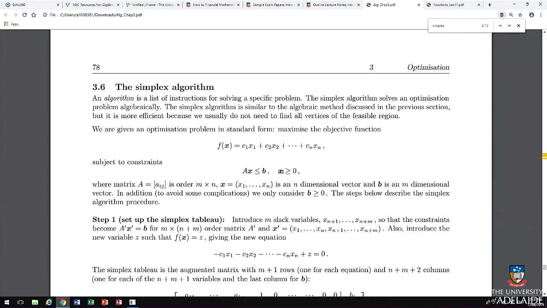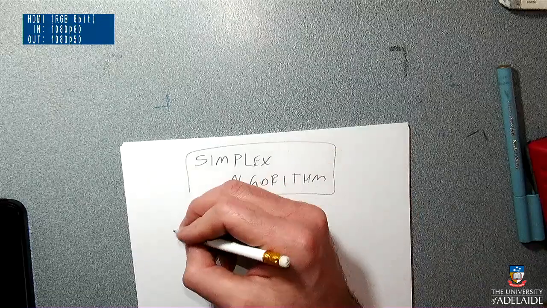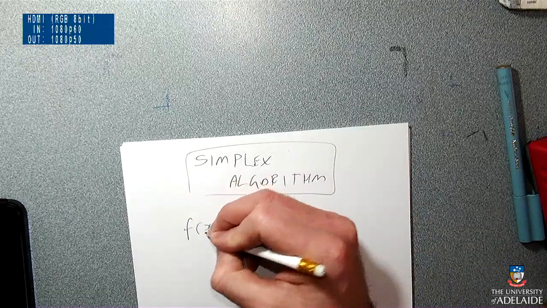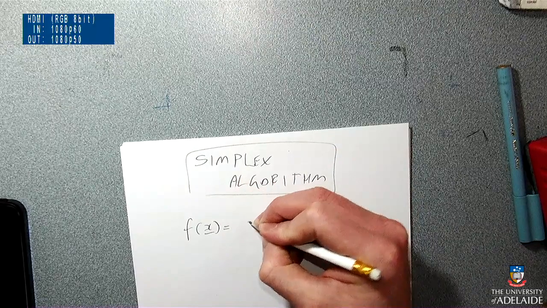Just a second, I'm going to write that down properly. So this is saying, was this c?